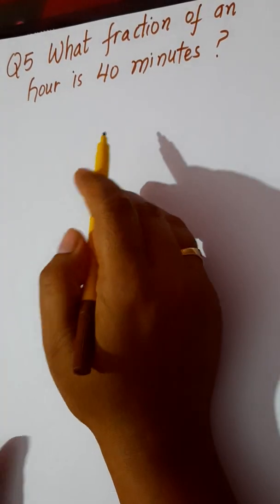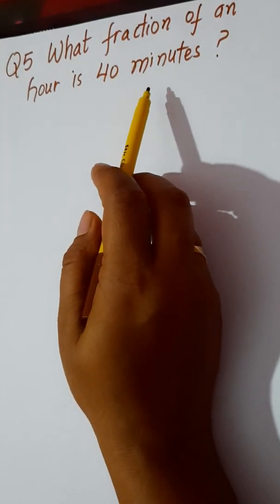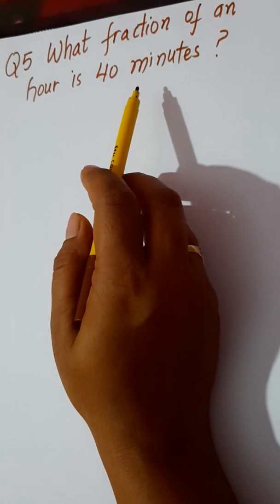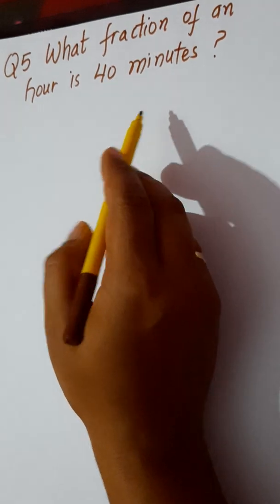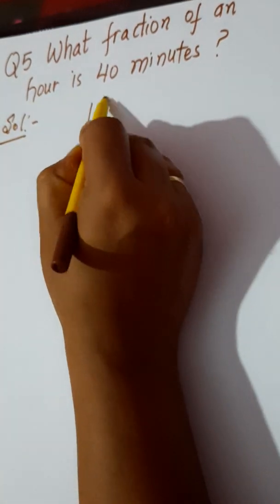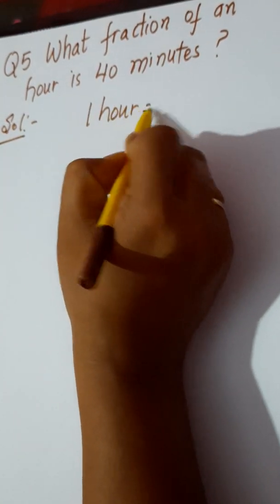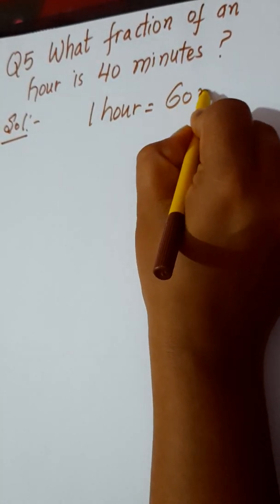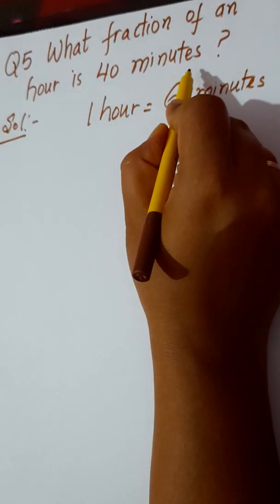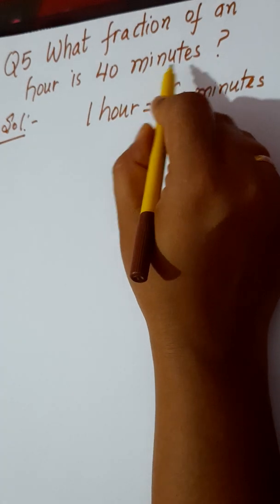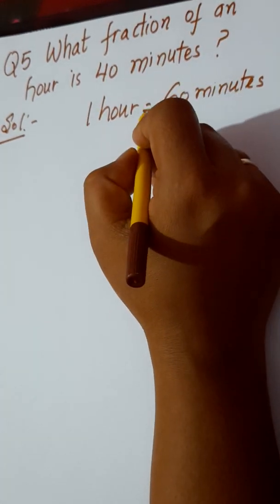Now next we have question number 5. What fraction of an hour is 40 minutes? In this question you have to write 40 minutes as a fraction. For this I have to write 1 hour is equal to 60 minutes, because you must know how many minutes are there in 1 hour.